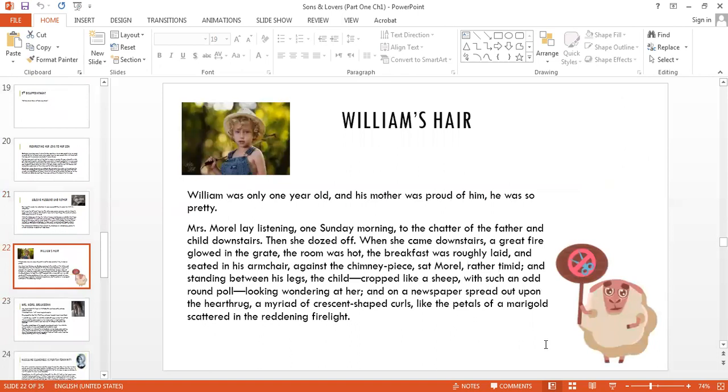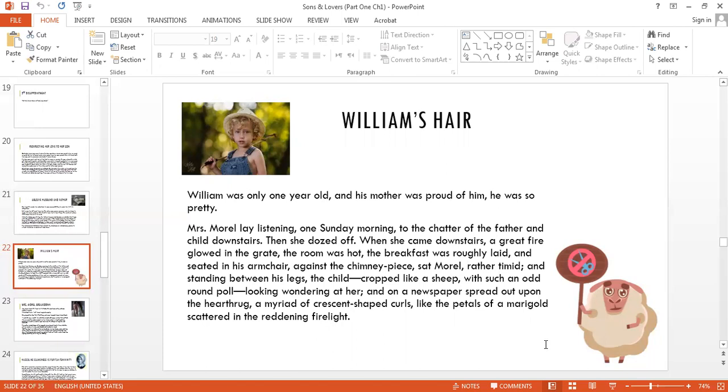One day, the boy was 1 year old and his mother was proud of him. He was very pretty. He had beautiful curly hair that she took really good care of. But one day, she left the father with the child alone, and she dozed off.